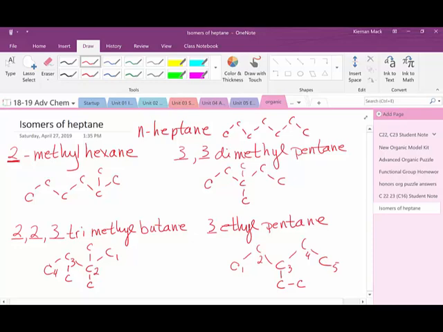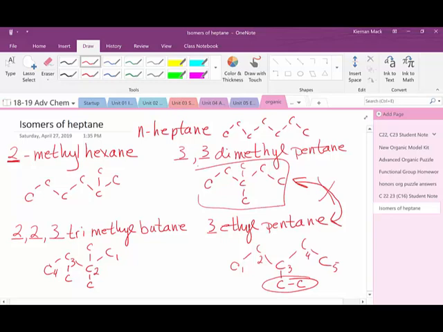It's important to note the difference between the 3-ethyl and the 3,3-dimethyl. This is a 2-carbon attachment. This name does not fit that molecule. It's got to be 3,3-dimethylpentane to describe that one.